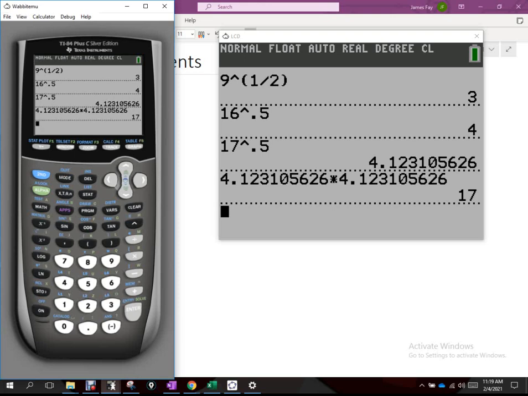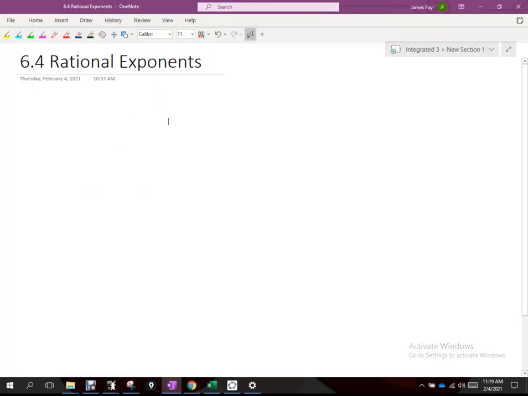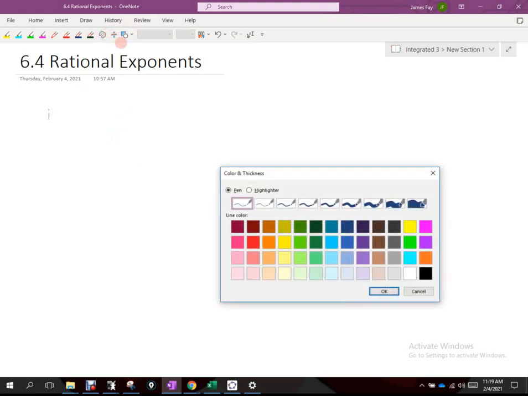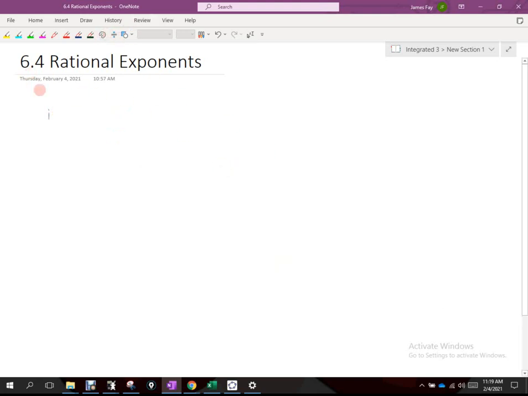So what is raising something to the 1/2 power equivalent to doing? Square rooting. By definition, we just found that this number multiplied by itself gives me 17, so this number must be the square root of 17. So we have a rule here: we can use any variable we want, I'll use n.